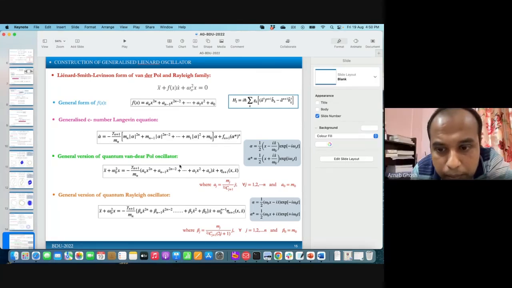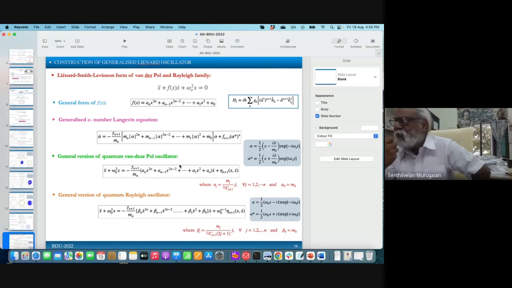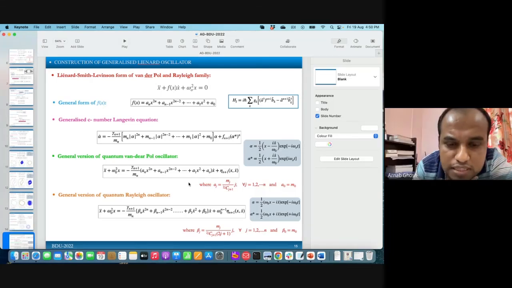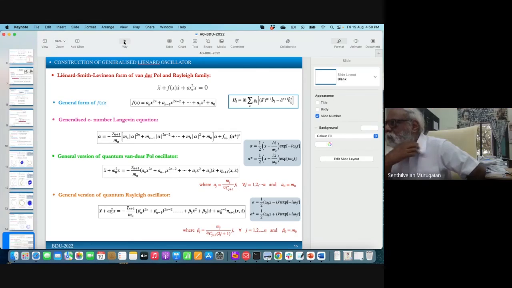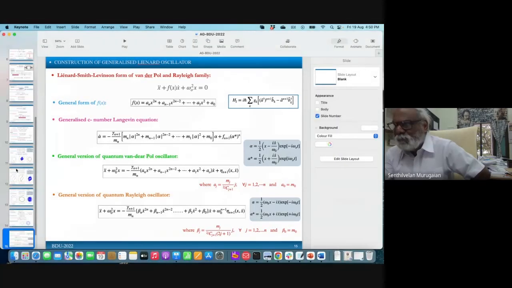So how does it affect against dissipation to achieve a stable limit cycle? Sorry, I didn't get it. Noise is not defined? That is a word he put. So can you come? Yeah.